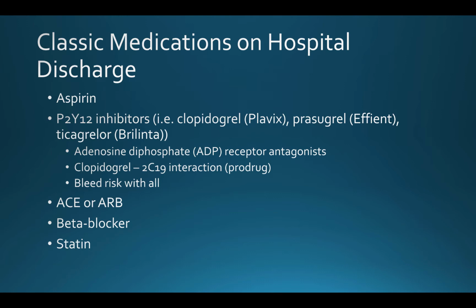With clopidogrel, Plavix in particular, it's definitely important to think about the 2C19 interaction. It's still up for debate as to how much of an impact that plays, but the classic example is omeprazole and some of the PPIs inhibiting 2C19 and potentially leading to lower concentrations of the active metabolite of clopidogrel, which may put a patient more at risk for another event or a clotting event.